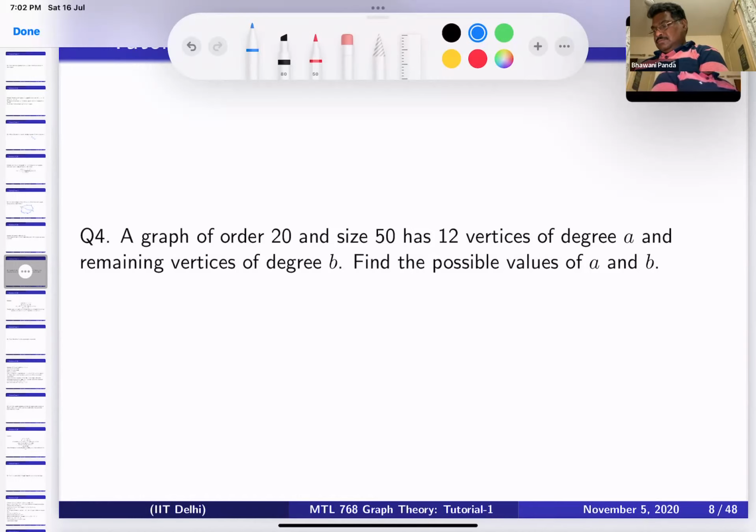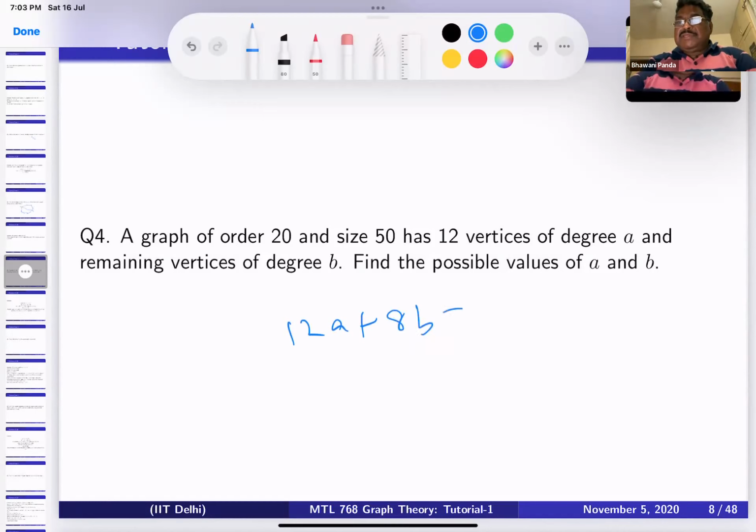Sir, can you approach in this way? Suppose the sum of the degrees of the vertices is twice the number of edges. Yeah, very good. Therefore we can write 12a plus 8b equals 2 into 50, that is 100.